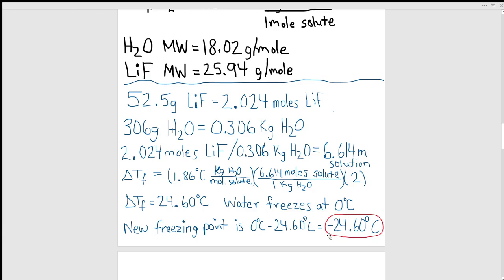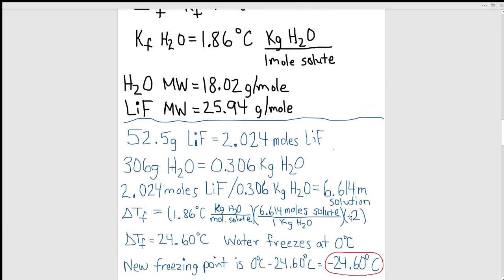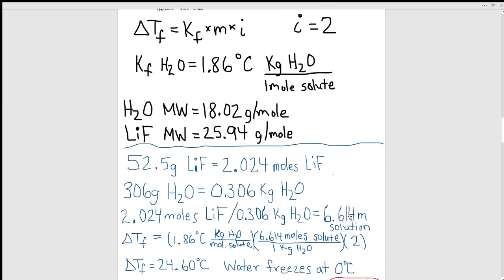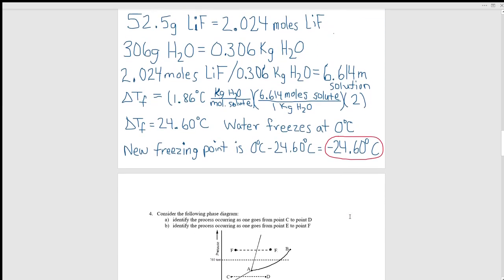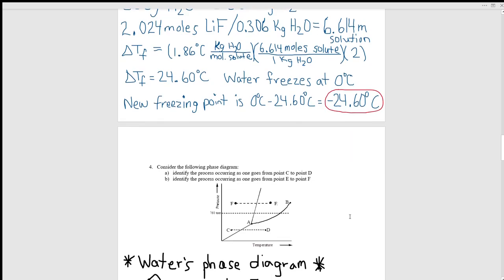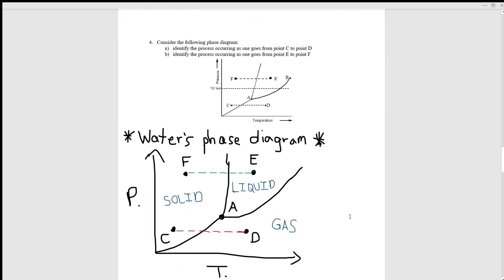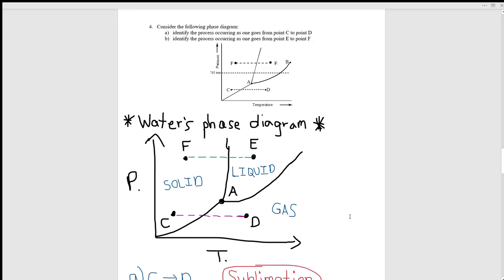So our new freezing point is determined by subtracting our delta T sub F value from the original freezing point of the solvent. So in this case, 0 degrees Celsius minus 24.60 degrees Celsius gives us a new freezing point temperature of negative 24.60 degrees Celsius as the new freezing point of the solution.